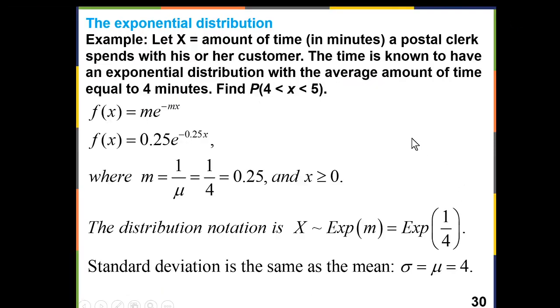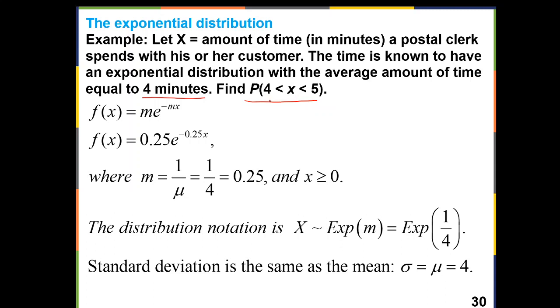All right, so let's do an example here. In this example, it says let x be the amount of time in minutes a postal clerk spends with his or her customer. The time is known to have an exponential distribution with the average amount of time equal to 4 minutes, right? So find the probability that x is between 4 and 5. We can do this with formulas that we have.